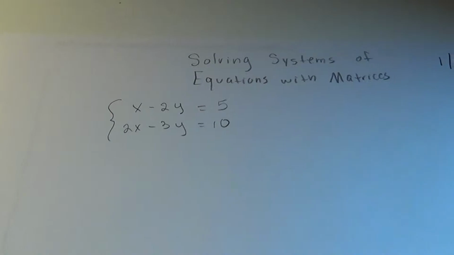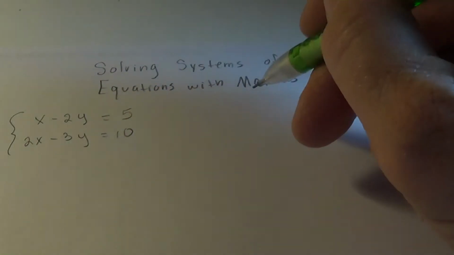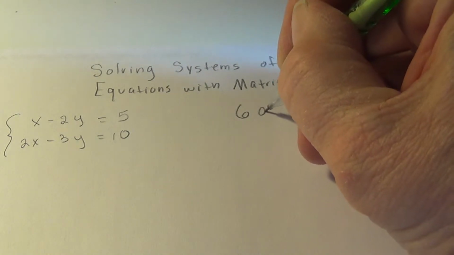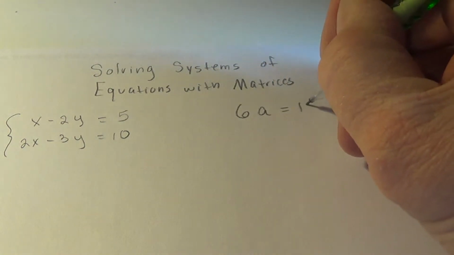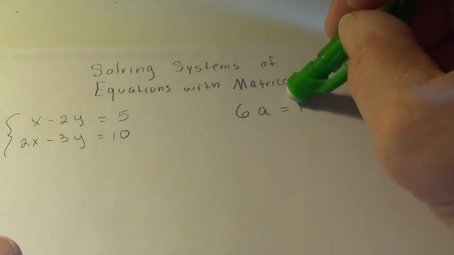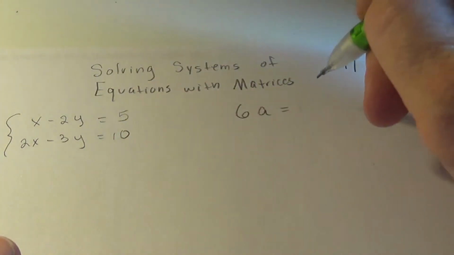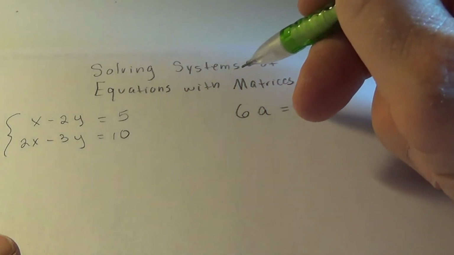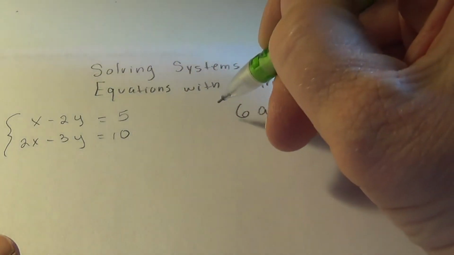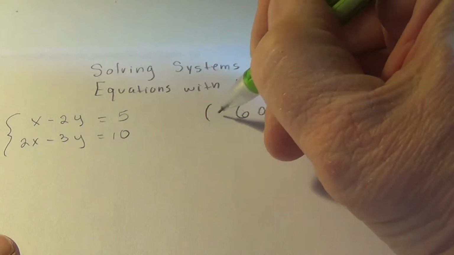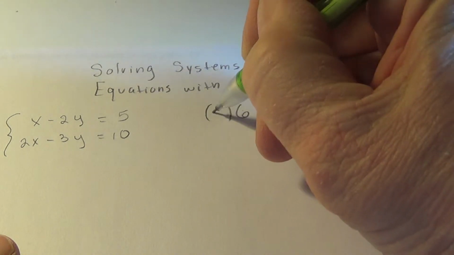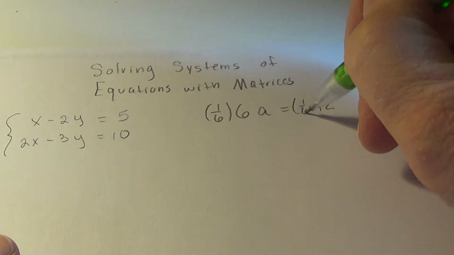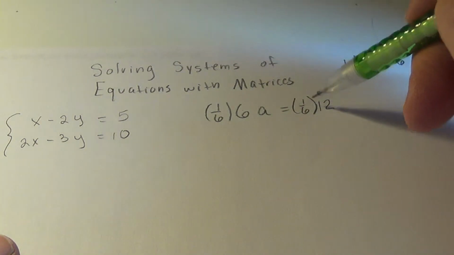And I want to remember from simpler days, if I had 6 times some unknown, say a, and it equals 12, one way of thinking about solving it is I can multiply the 6 by the multiplicative inverse of 6, and then multiply this side by the multiplicative inverse of 6.